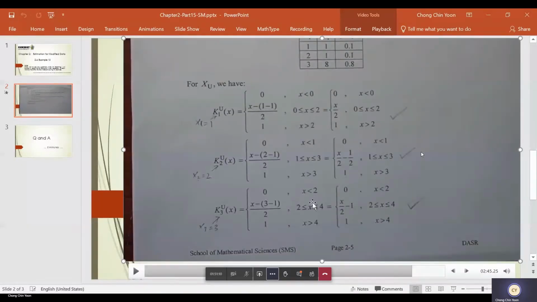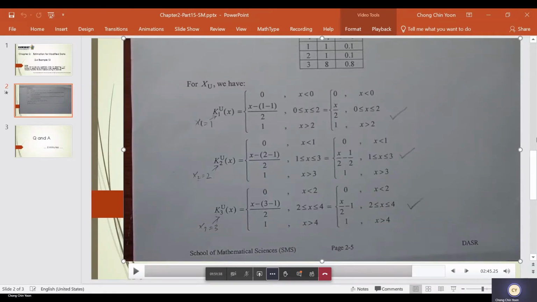Because to save time, I don't write all this. To get all this result, I just substitute all my Xi values into the formula. Then you will have the following result. We have a 3 piecewise function here. This refers to X1, X2, and this is X3, and we have different intervals.